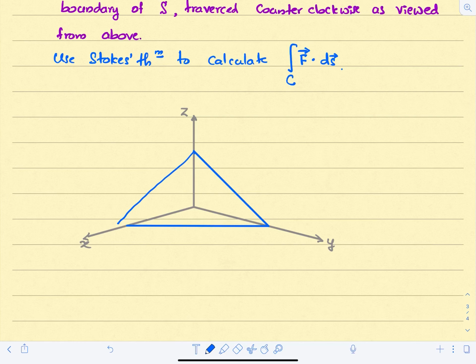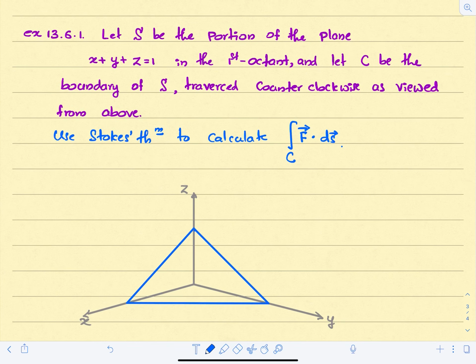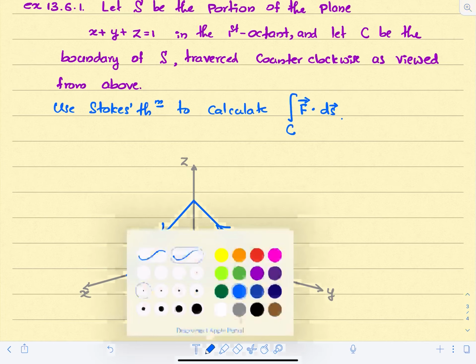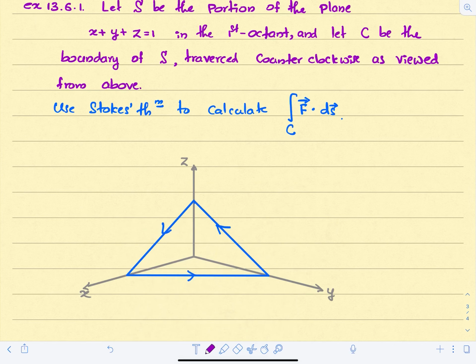If you view from above, the path of this boundary traversed counterclockwise is this. This will give you a positively oriented curve, therefore an outward pointing normal vector, something like this. So this is your n, which is what we want.